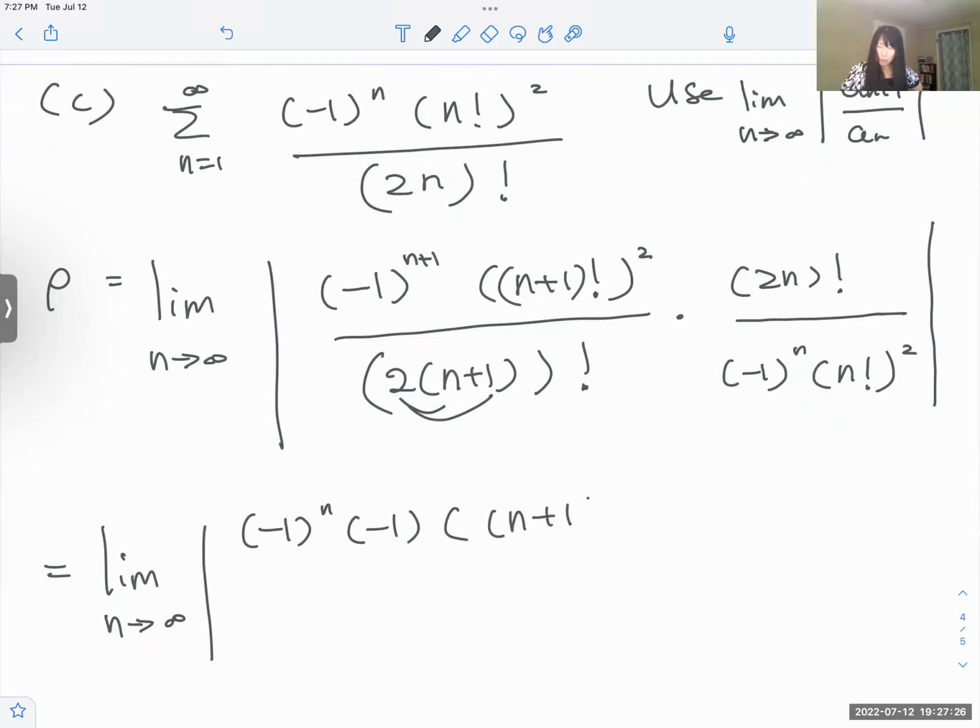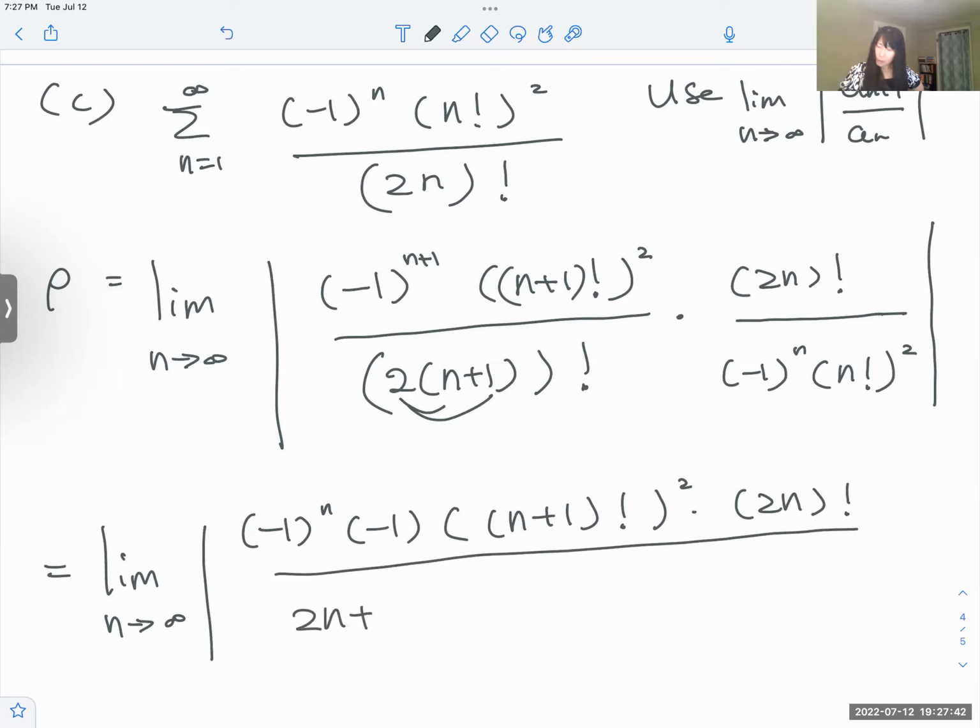N plus 1 factorial squared, and we have a 2n factorial over 2n plus 2 factorial. Then there will be negative 1 to the n power, and then we have n factorial squared.